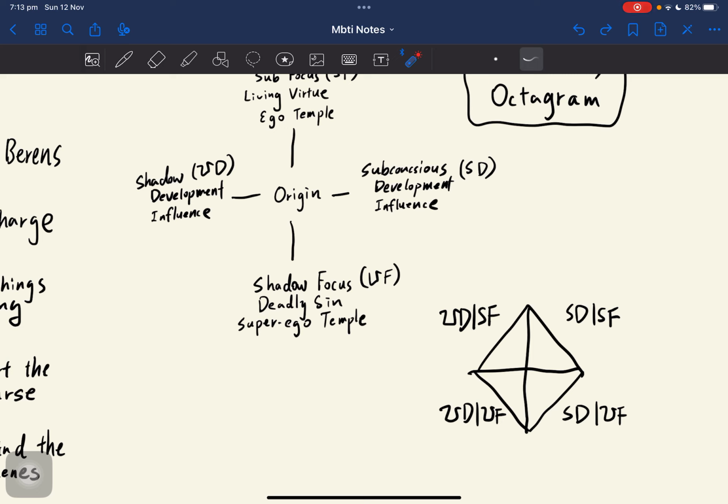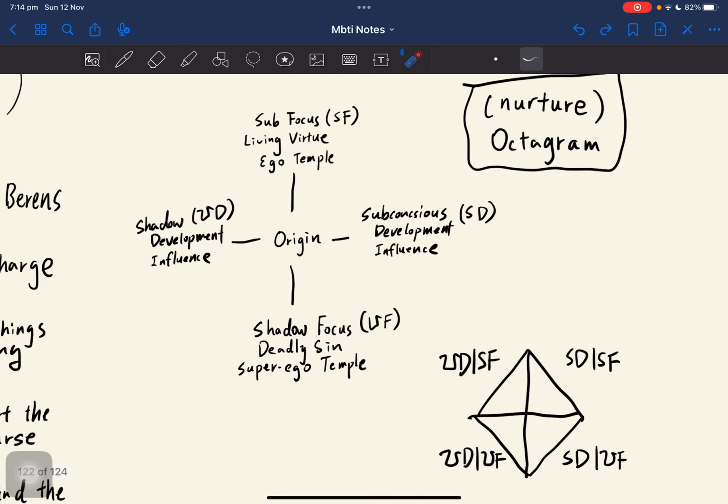So you have your four sides of mind, right? If you are unconscious development influenced, and you are also unconscious focused, it means maybe you are really like an ENFP most of the time. Or if you are unconscious development and subconscious influenced, then you are here, right?